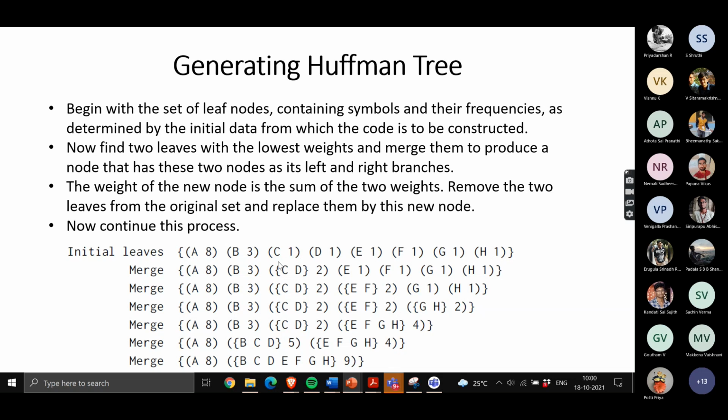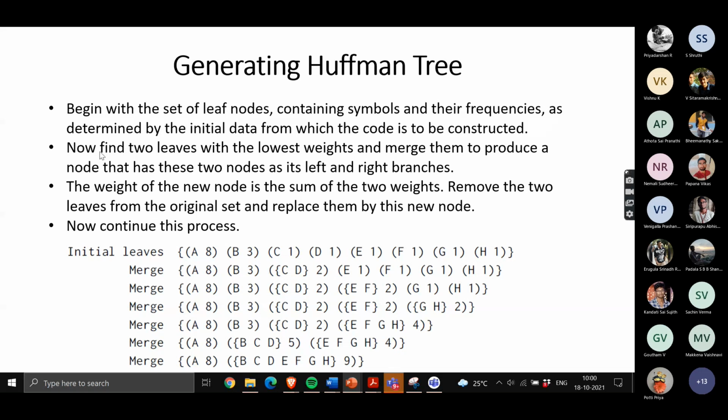These are all the symbols which may occur in my message, along with their frequency. A is occurring 8 times, B is occurring 3 times, C is occurring 1 time, etc. This is the initial set, and from this we are going to construct the Huffman tree.